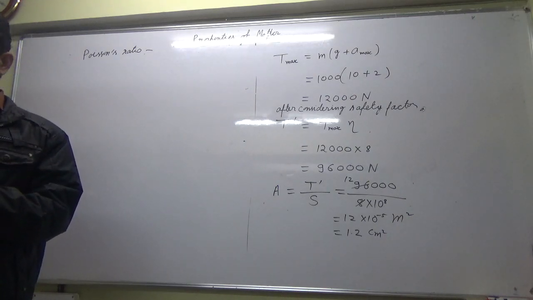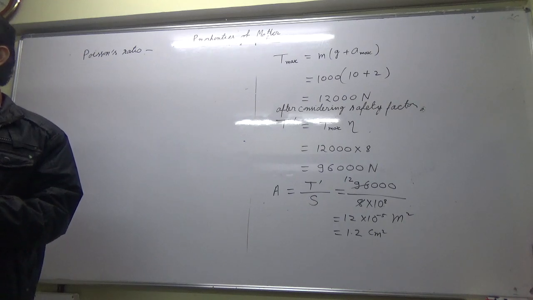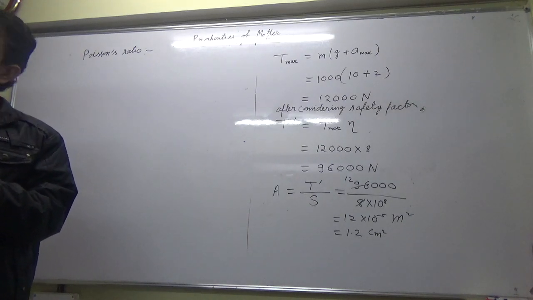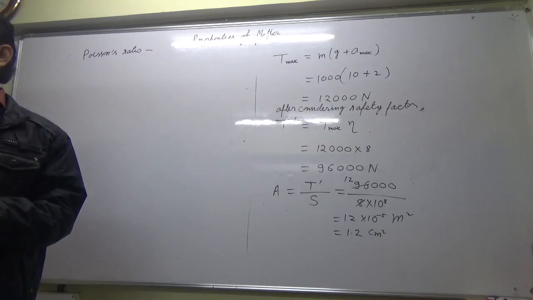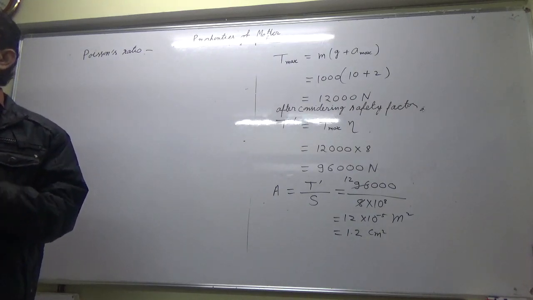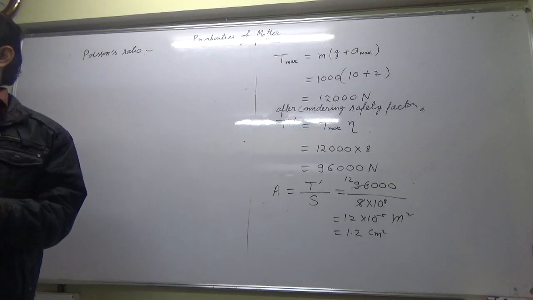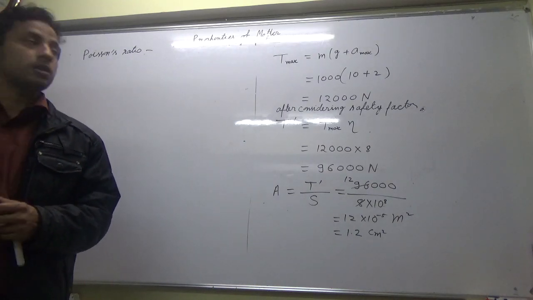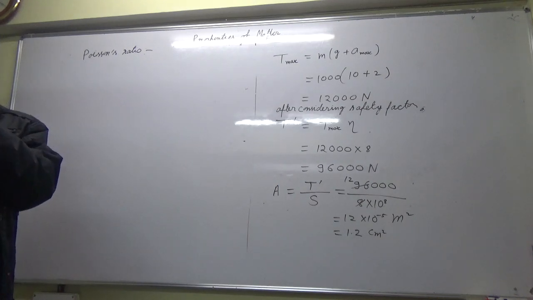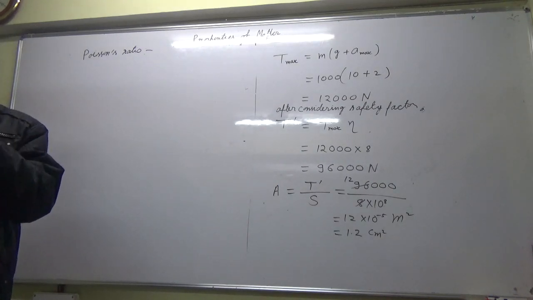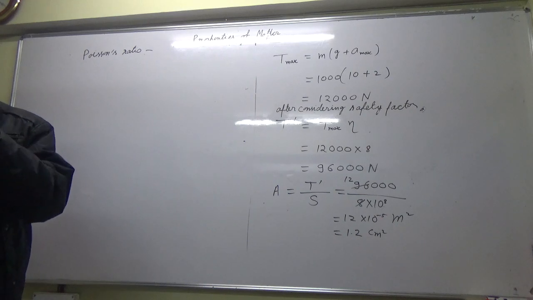So due to that, there are some objects for which you may have an increase in lateral dimensions also along with the longitudinal dimension, but generally it decreases. When you increase the length of wire, the thickness will decrease. So along the lateral direction there will be some strain produced along with the longitudinal direction.